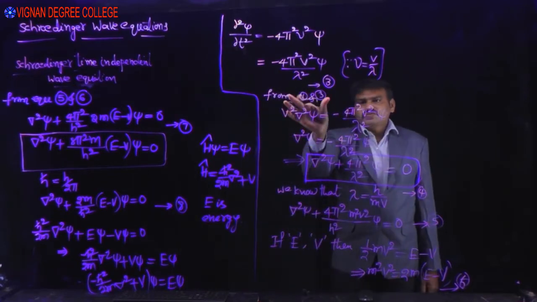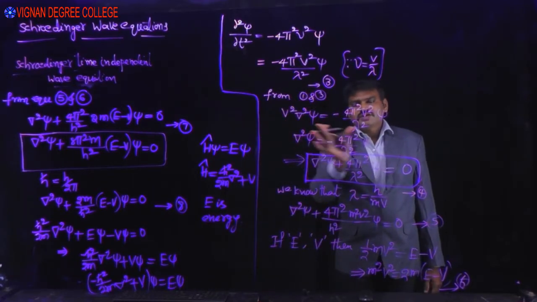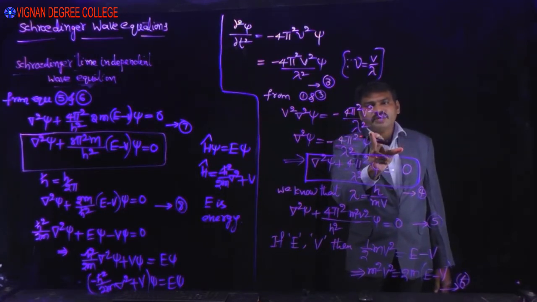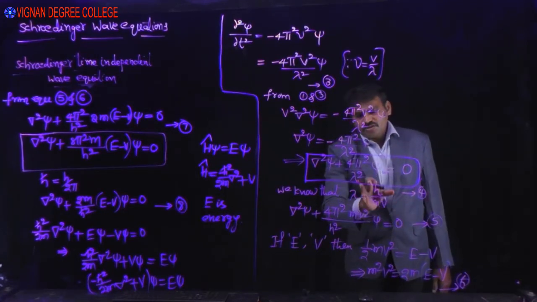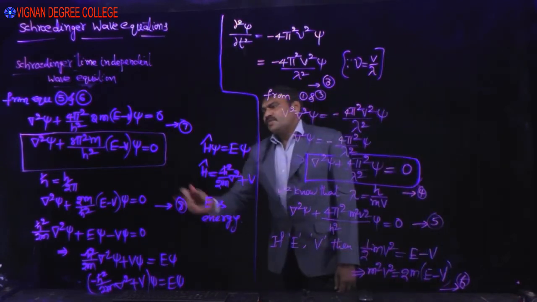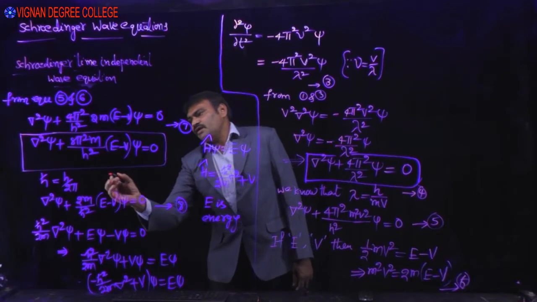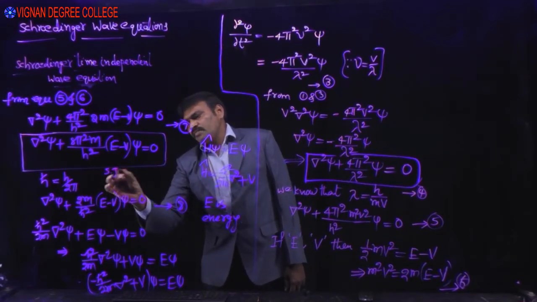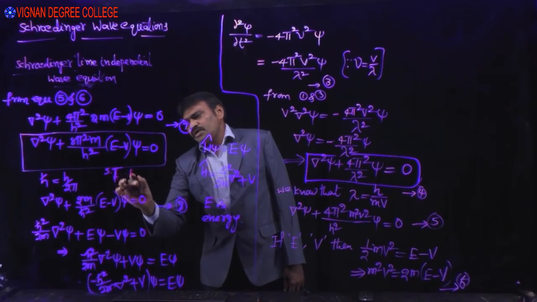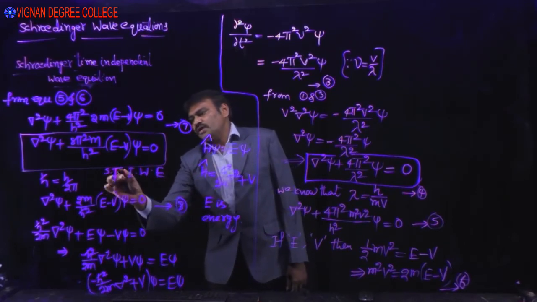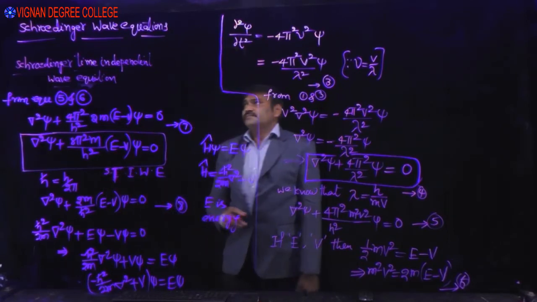From equations 1 and 3, v square del square psi is equal to minus 4 pi square v square by lambda square into psi. Then the equation becomes like this. After that, this is the Schrodinger time independent wave equation.